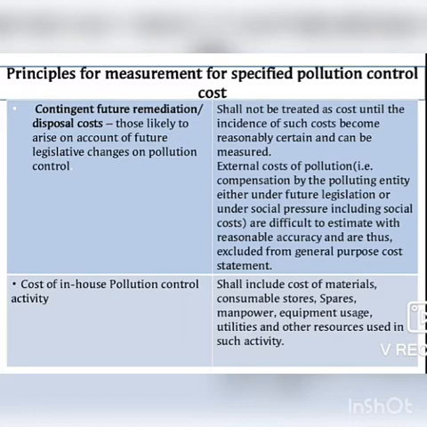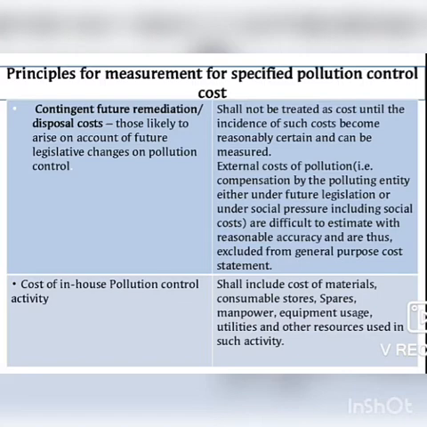This should be a cost for the industry. The treatment for this cost is that it shall not be treated as a cost until the incidence of such cost becomes reasonably certain and can be measured. Until the Modi government comes into existence, this cost shall not be considered as a pollution control cost.